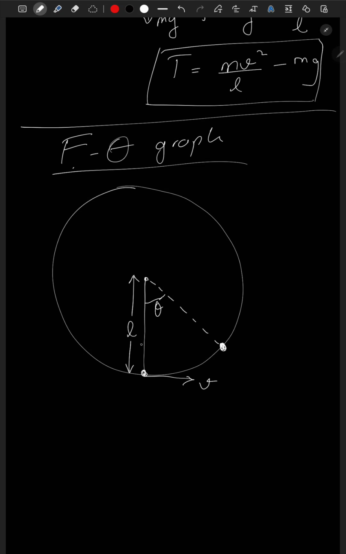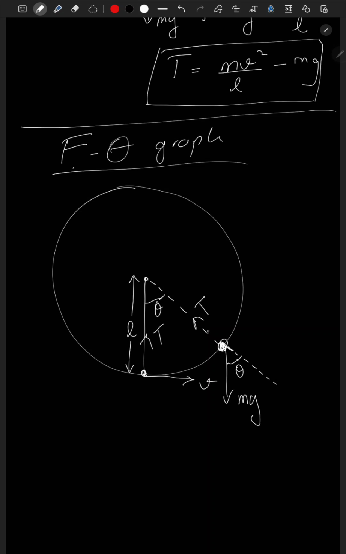So the tension is toward the center of the circle, and this mass has a weight mg, and the tension would be here. Therefore, if we continue this line, we can say that this is also theta.